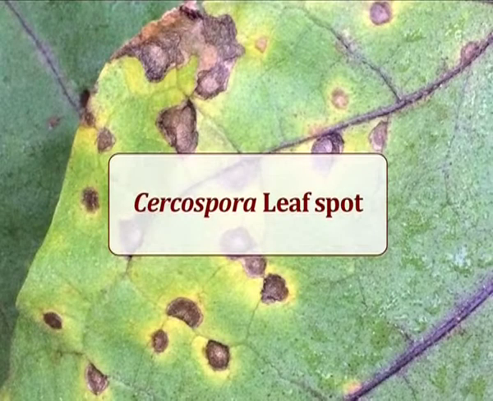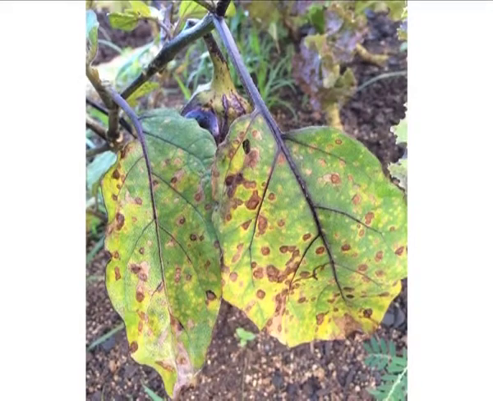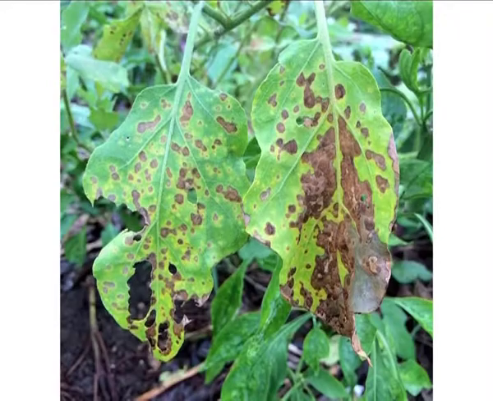First one is the Cercospora leaf spot. This disease can be characterized by isochlorotic lesions, angular to irregular in shape, later turning greyish brown with profuse sporulation at the center of the spot. Now coming to the scientific classification of this pathogen.